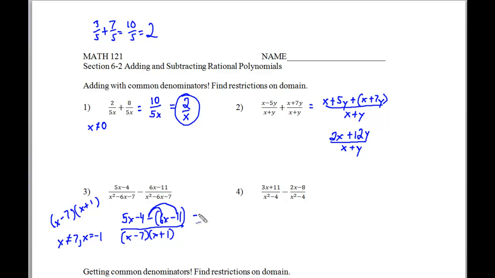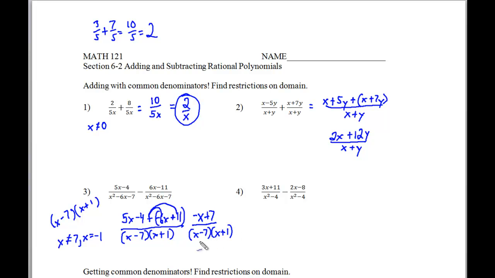This is going to be negative x, 5 plus negative 6, and then 4 minus negative 11, or negative 4 plus 11. That's what happens when we move that to the inside. Negative 4 plus 11 is going to give me plus 7. So this gives me negative x plus 7 over x minus 7, x plus 1.